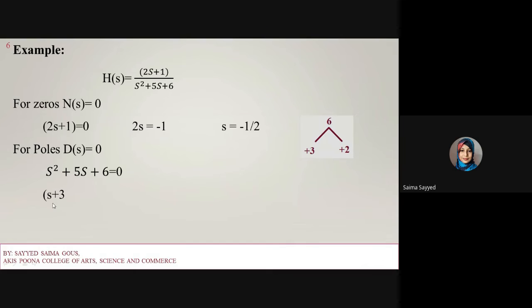So the equation becomes (s + 3)(s + 2) = 0. Then s + 3 = 0, or s + 2 = 0. Then s will become -3, or s = -2. So these are the zeros and poles of the given transfer function.